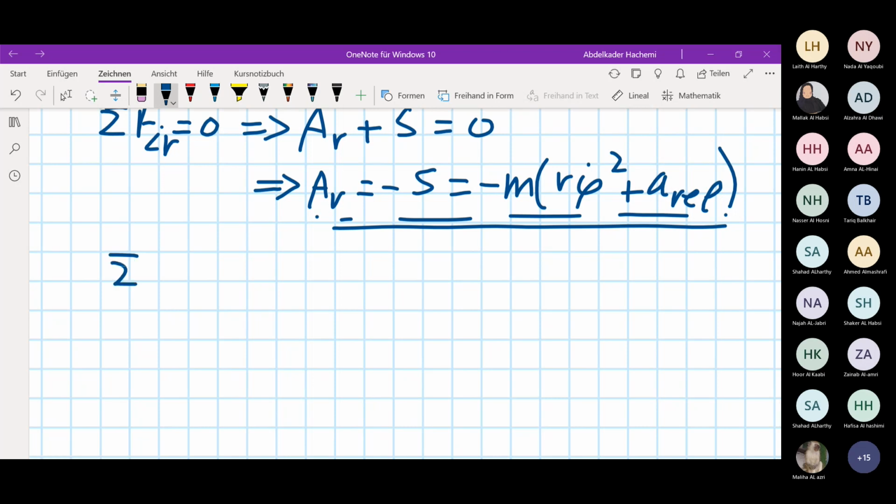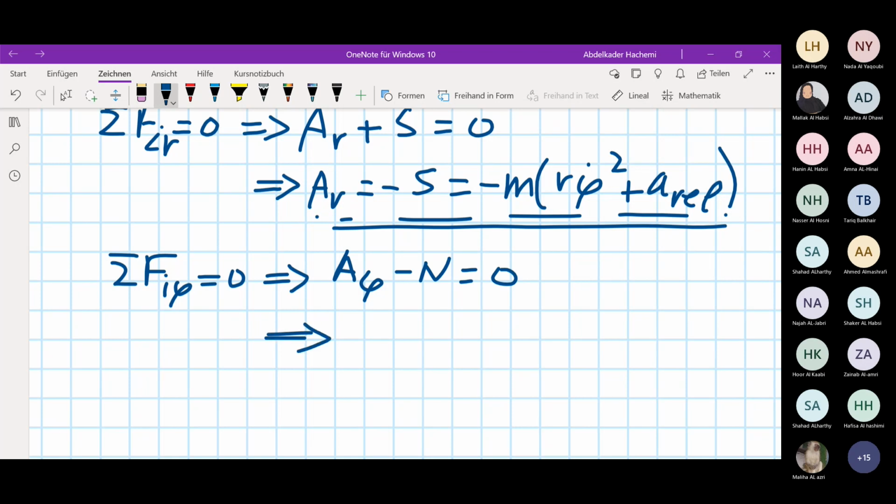This one now in phi direction, I make the sum of the forces in phi equal to 0. Then what we have here, A phi minus N is equal to 0.